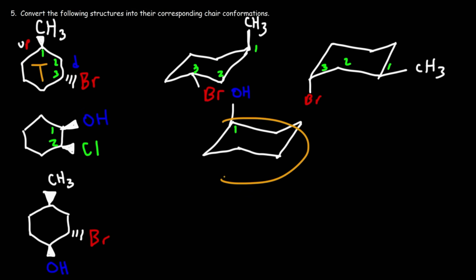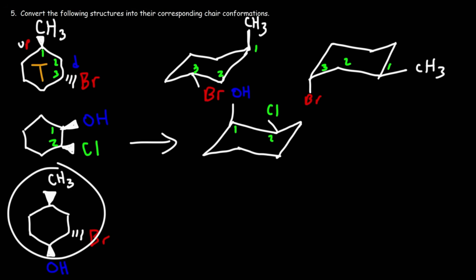We need to count in the clockwise direction. Therefore, carbon 2 should be here. And this is going to be equatorial up. So that's it for that example. So that's one way in which we can draw the chair conformation for it.